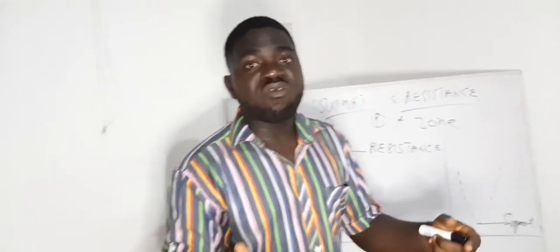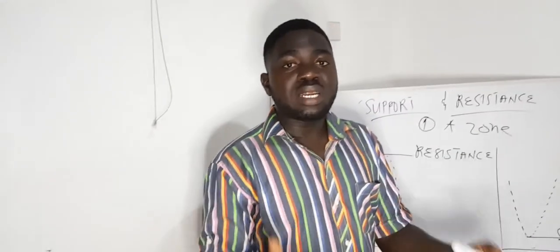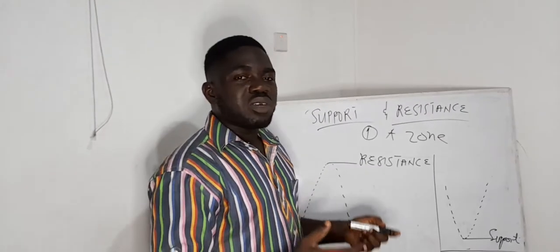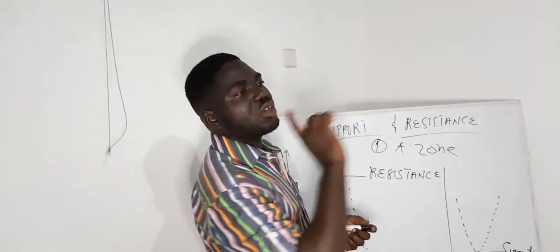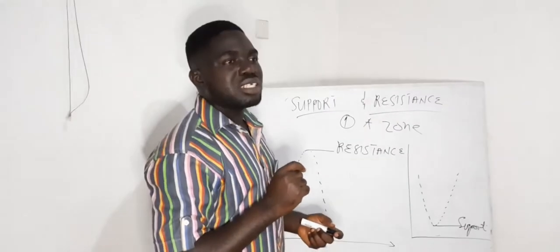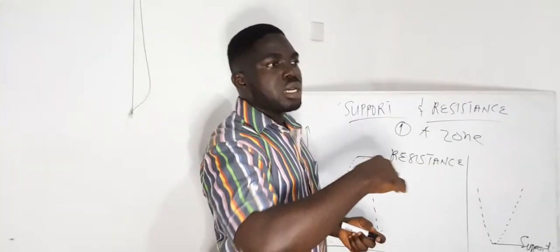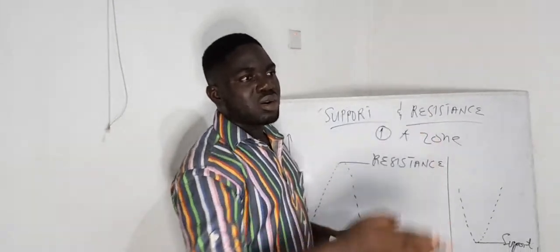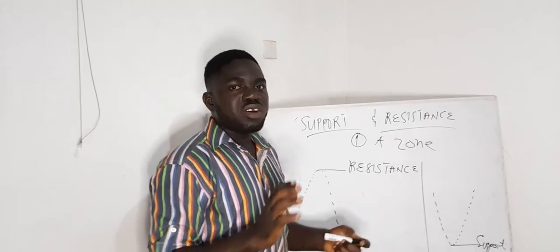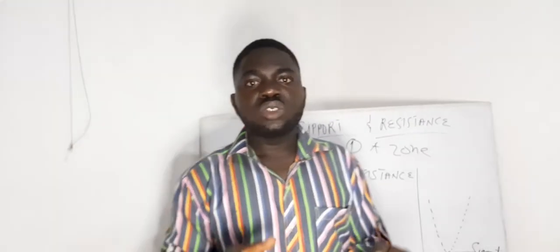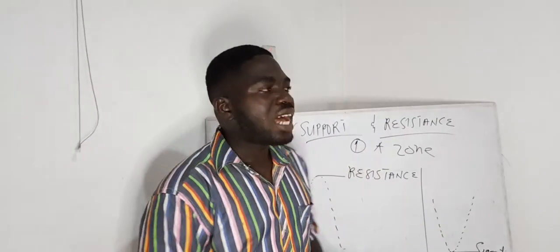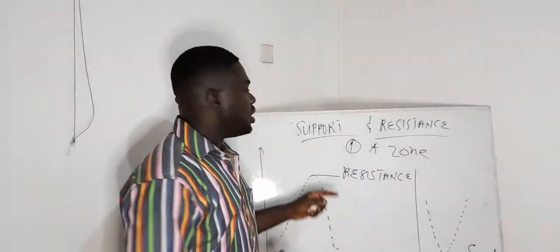Alright guys, so it's very important you understand that support and resistance has no single price. In other words, we are looking for a zone in the market that prices get to and make a turnaround to the upside or to the downside.